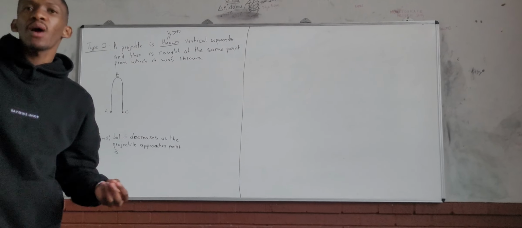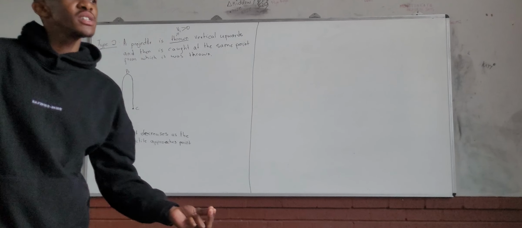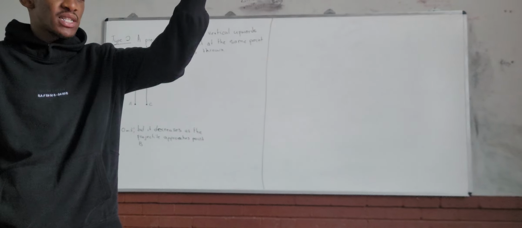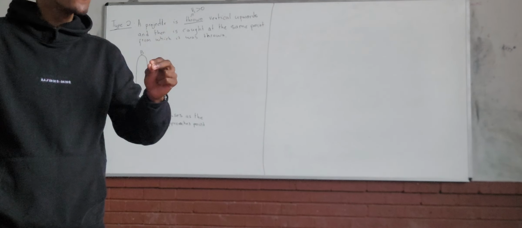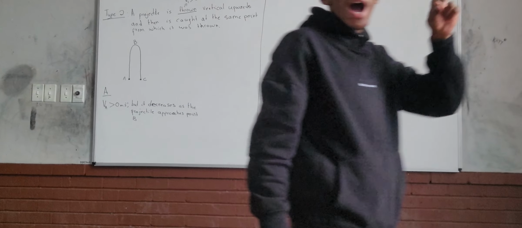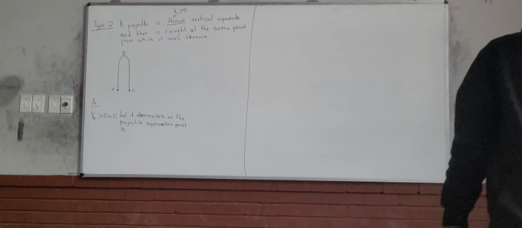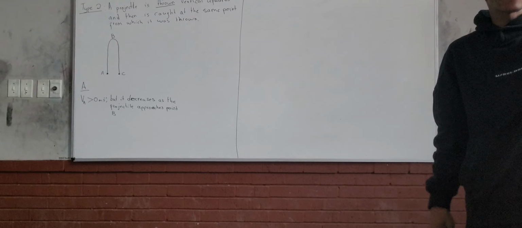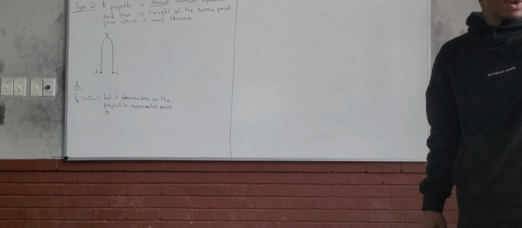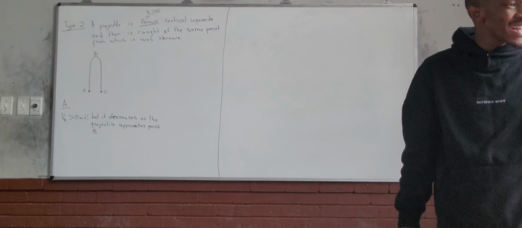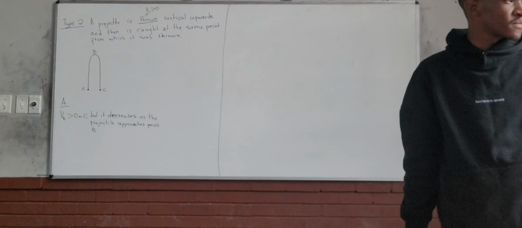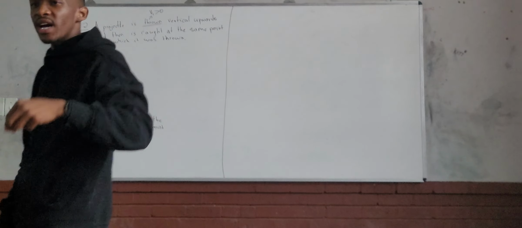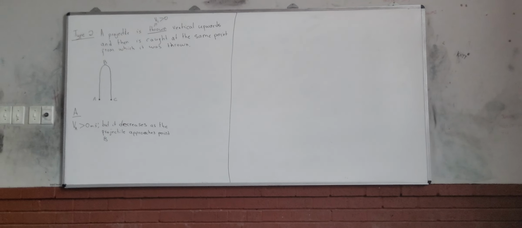Because our projectile is now projected vertically upwards. And we know from our analogy that if a projectile is going vertically upwards, its velocity keeps on decreasing by 9.8 meters per second.